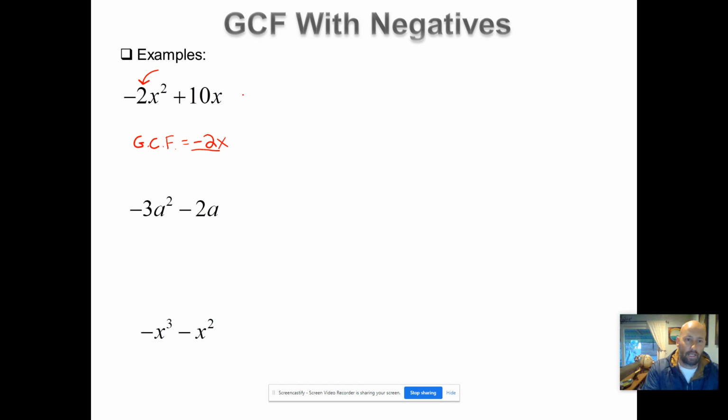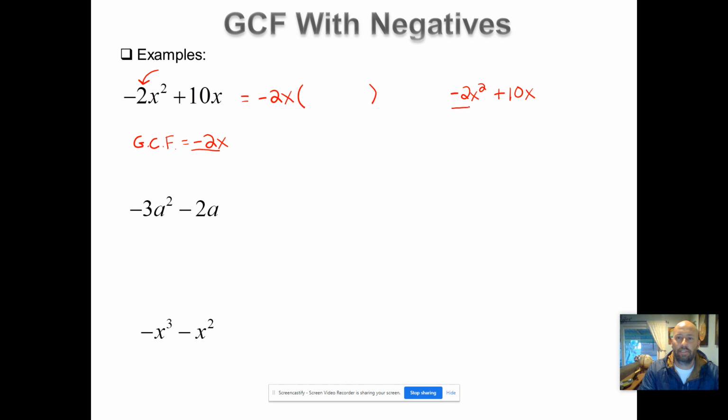Like we did before, I'm going to take out that -2x, and then use a set of parentheses to identify what goes inside in order to make the binomial the same. One way of doing it, remember I showed you, is we can take the binomial itself and divide by the GCF.